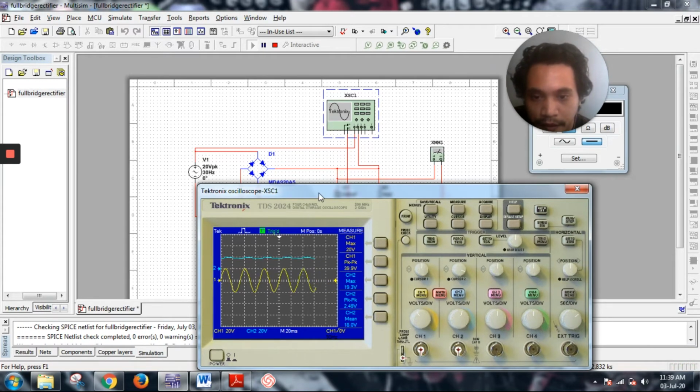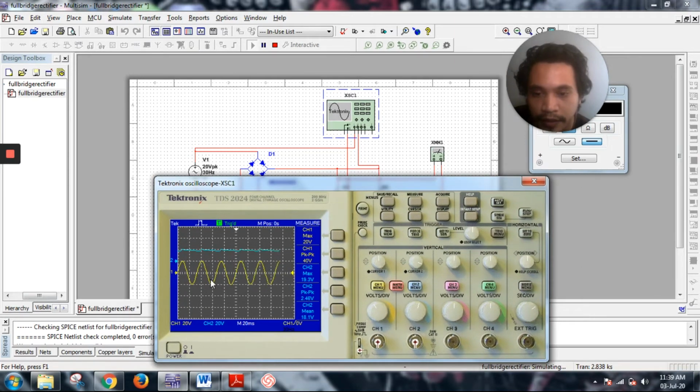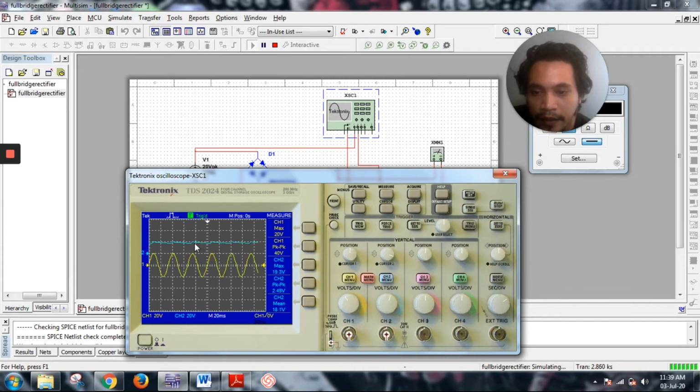So the input signal is alternating current, and the output signal is direct current. By the way, we're using the capacitor to filter and make the signal more smooth.